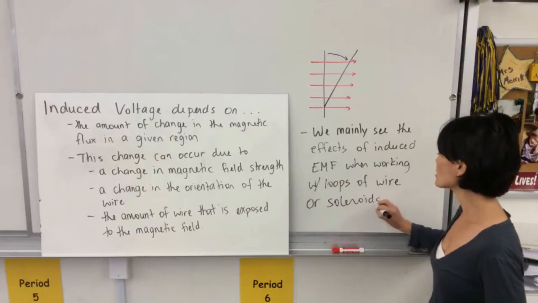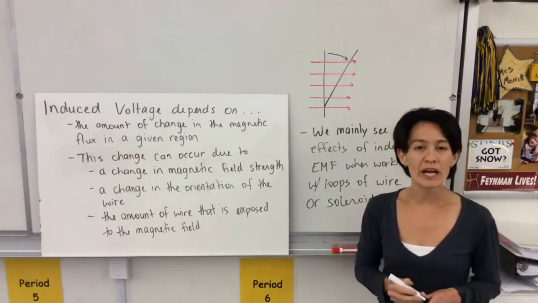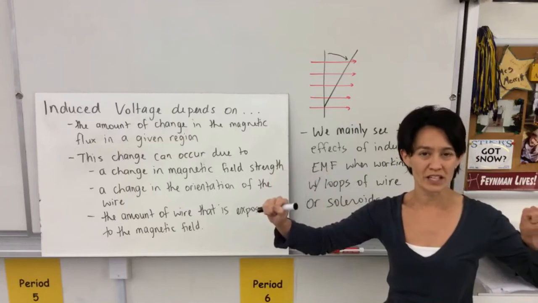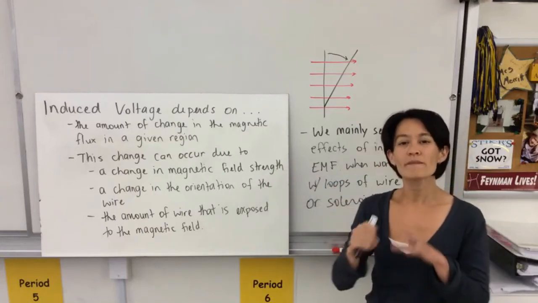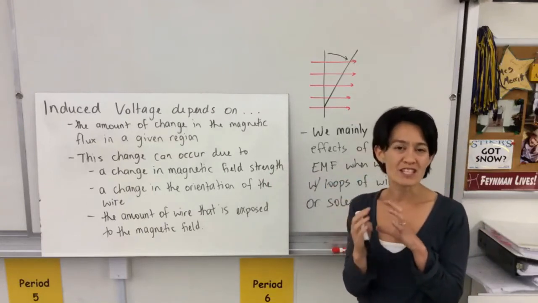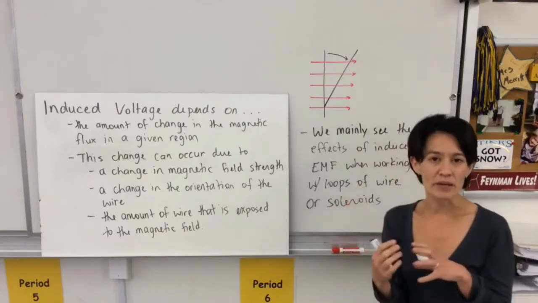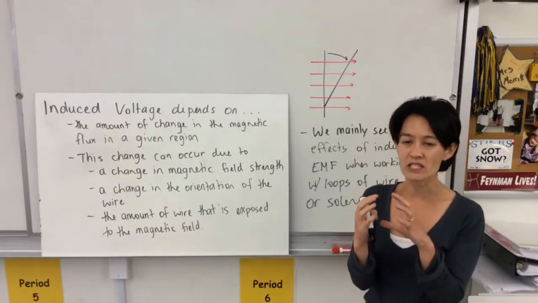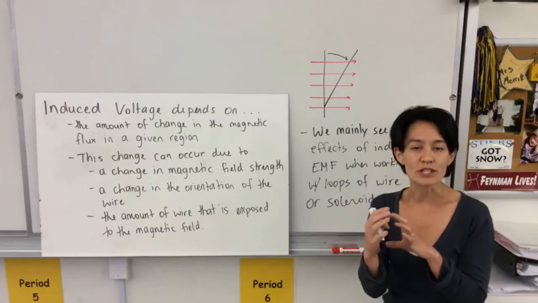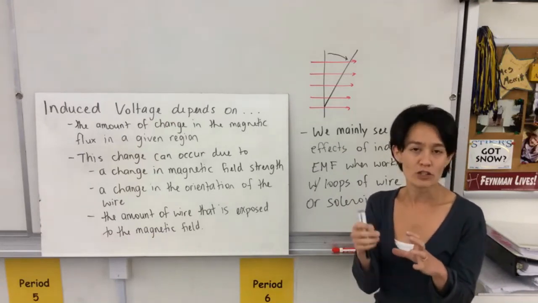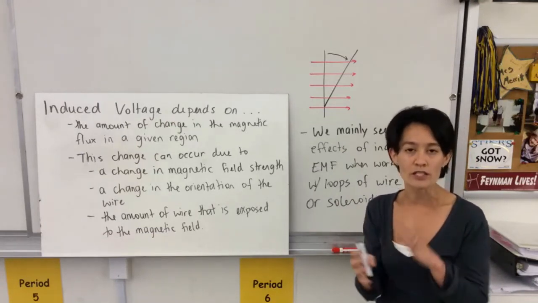Just like we saw previously, when I have a straight wire, I definitely have a magnetic field around it, but when I loop the wire, then that magnetic field grows stronger inside the loop. The same thing is going to happen. If I have a concentration of magnetic field lines inside my wire, and all of a sudden something changes, I'm more likely to affect the charges or the electrons in that wire and cause them to move to create a current.